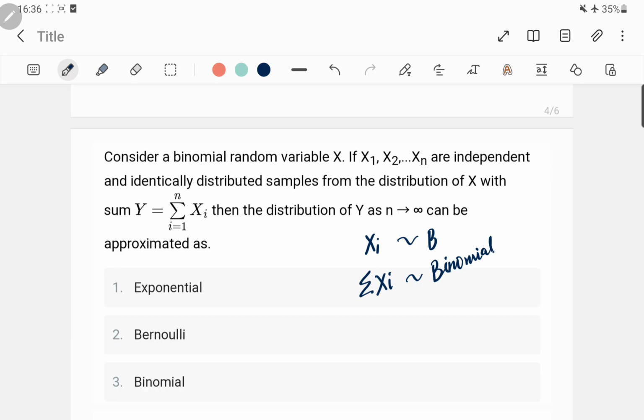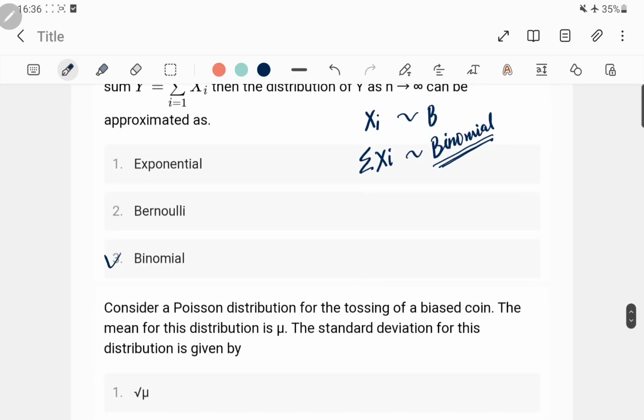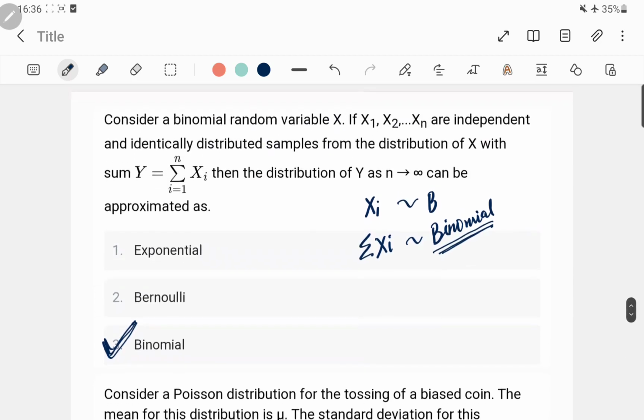This is a property that we need to remember. So the correct answer would be binomial distribution itself. But it is important that all these xi's should have the same probability p. Only then will their summation also follow binomial.